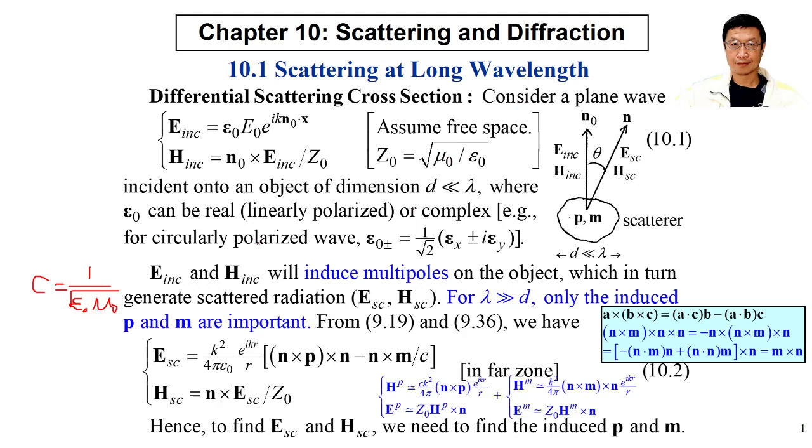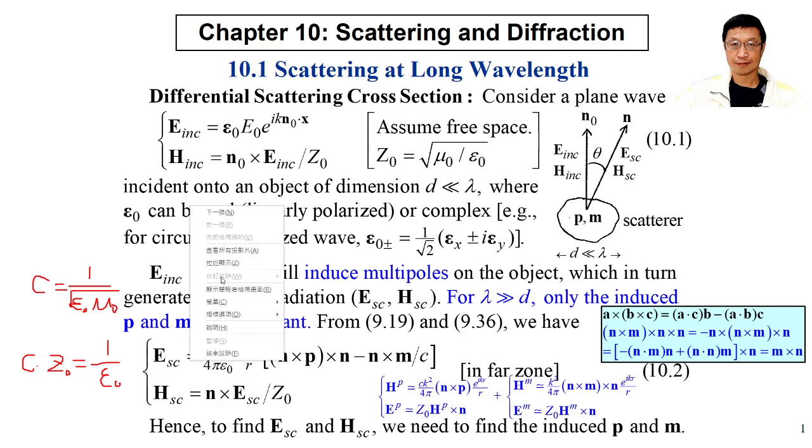So eventually c dot Z0, we got 1 over epsilon 0. This one. So the first term is correct.